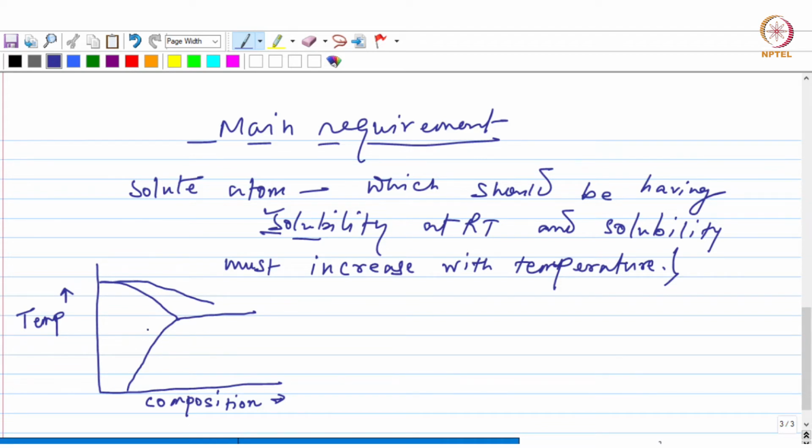Right, so this line which separates this single phase region from the two phase region, that is known as the solvus line.